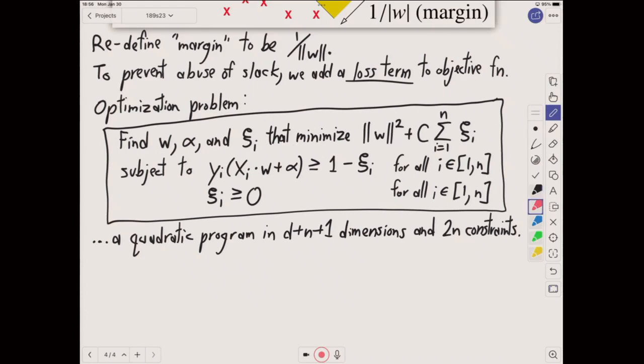The 2n constraint should be pretty obvious. We have two different kinds of constraints, each one for each sample point. The d plus n plus 1 dimensions: well, W is d-dimensional. The slack variables, there are n of those. And then there's a bias term alpha, which is the 1 in the dimensions.